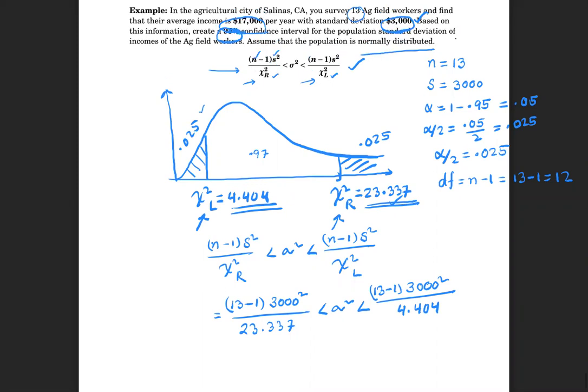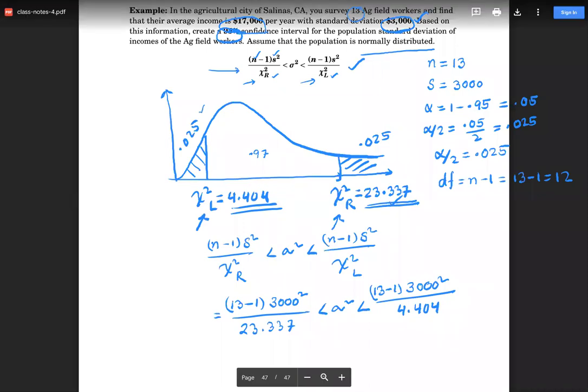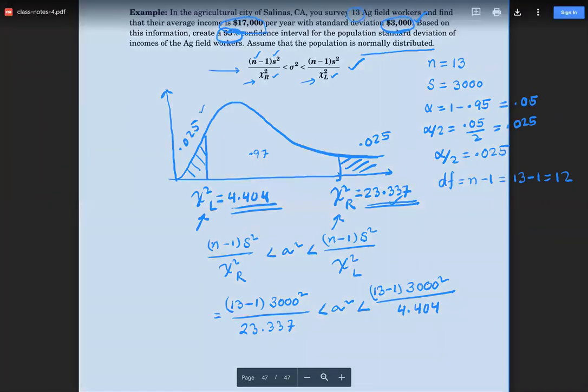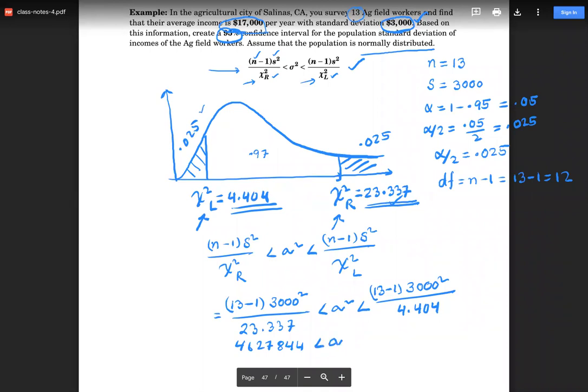So if we simplify it, what do we get? 12 times 3000 squared, 3000 to the power 2, divided by 23.337, which is roughly about 46,844 roughly, is less than sigma square.